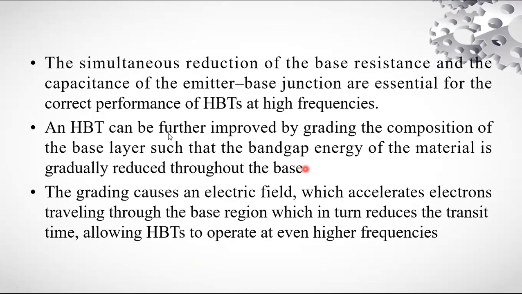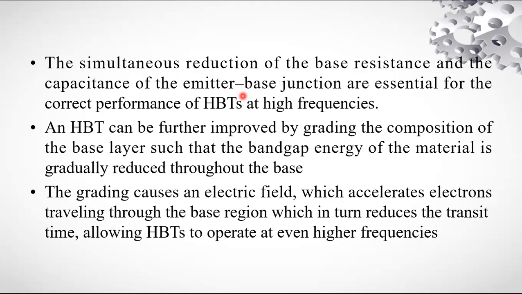Now, this reduction in the parasitic capacitance at the emitter base junction and the reduction of the base resistance, which we discussed just now, these two factors will be essential when we use HBTs at higher frequencies.